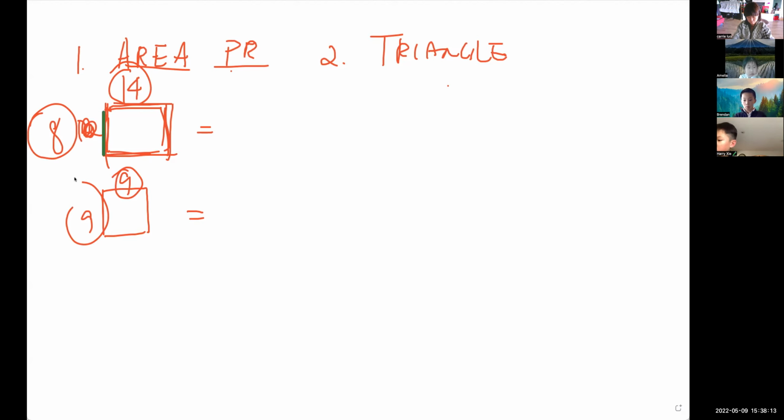So the length times the width is the area for the rectangle.